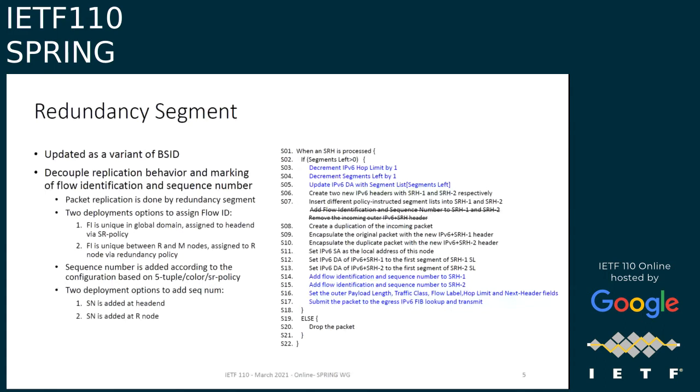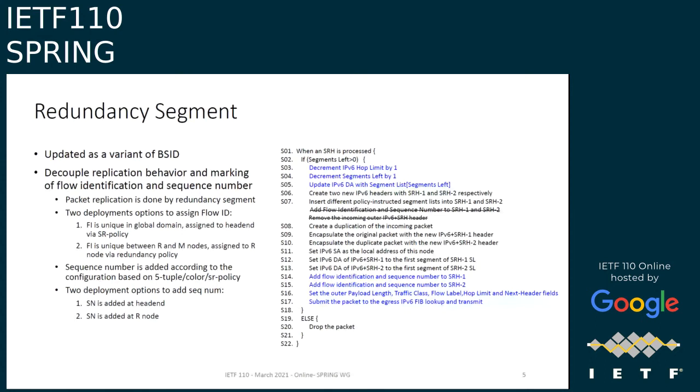As I mentioned, the redundancy segment is updated, so it is now defined as a variant of the binding SID. If you use the binding SID, you can set a whole list for the service from the SR ingress node of the SR domain. Since it is defined as a variant of the binding SID, there is a change in the pseudocode.